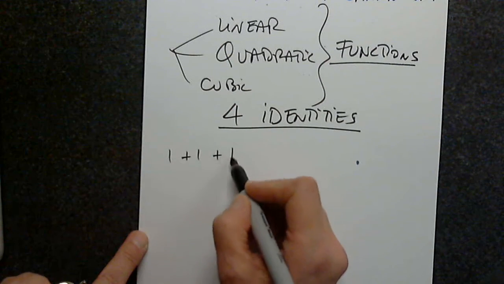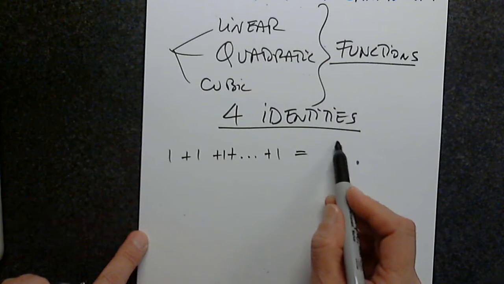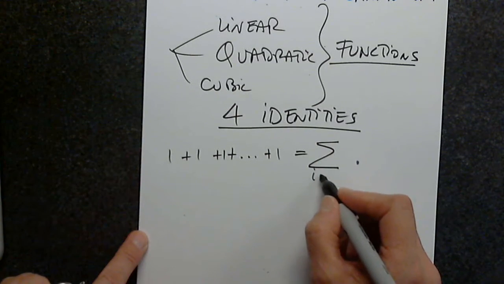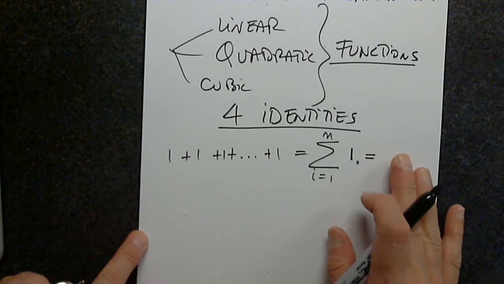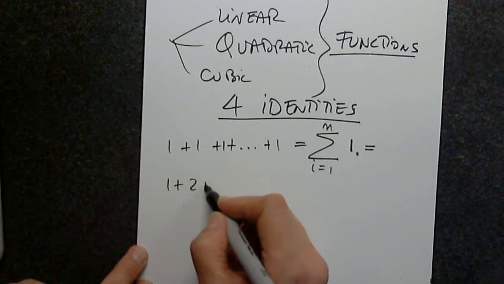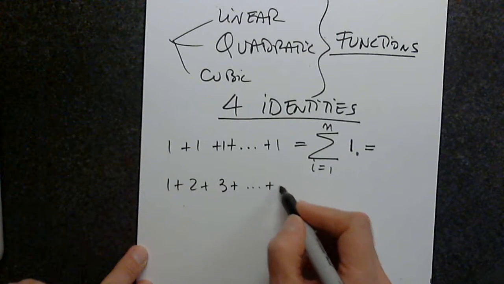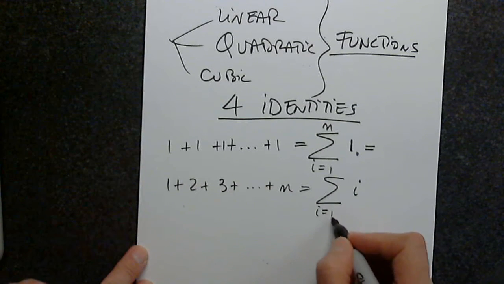One plus one plus one plus dot dot dot plus 1. The sum from i equals 1 through n of 1. Leave the space so we can write the answer. Okay. 1 plus 2 plus 3 plus dot dot dot plus n. The sum of i from i equals 1 through n.